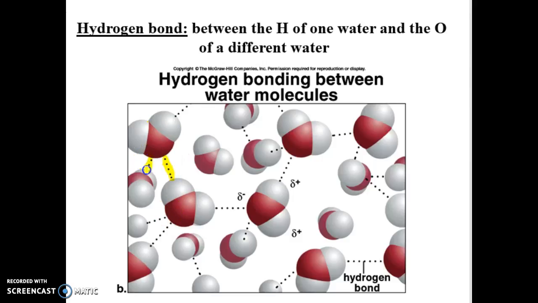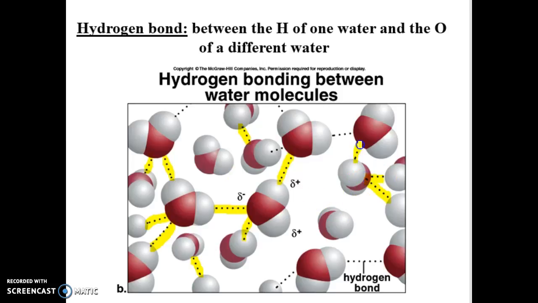Alright, so what we're looking at here, this is a hydrogen bond right there. That's another hydrogen bond. That one is another, and another, and another, etc. So all these little dashed lines represent hydrogen bonds. The hydrogen bond holds one water to a second water.